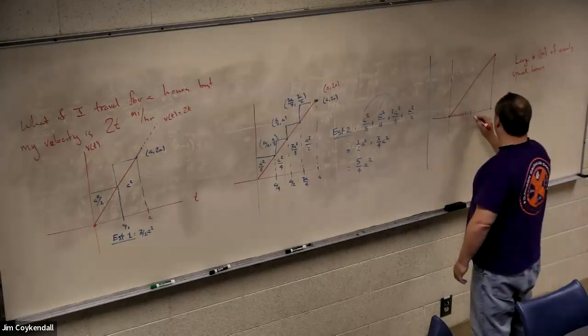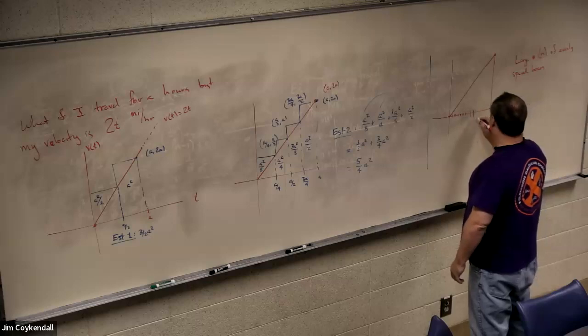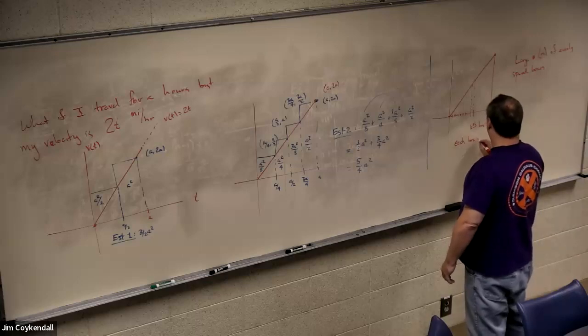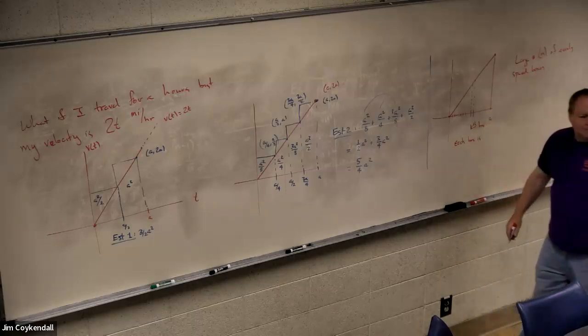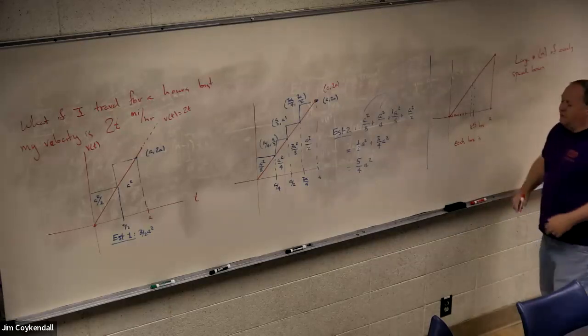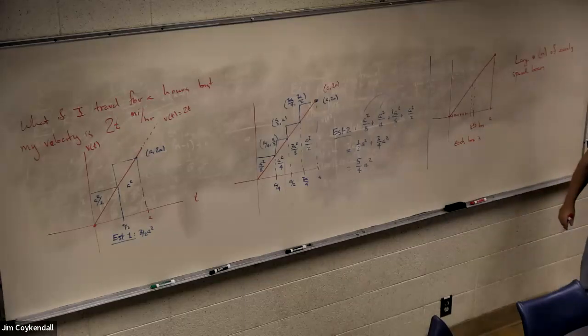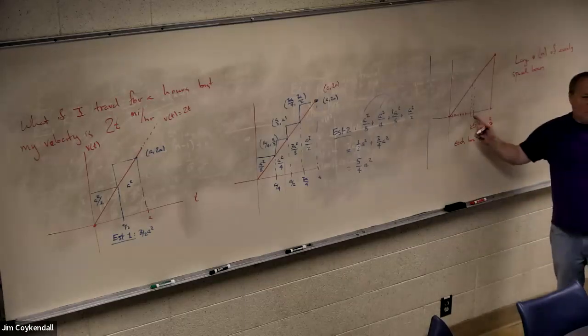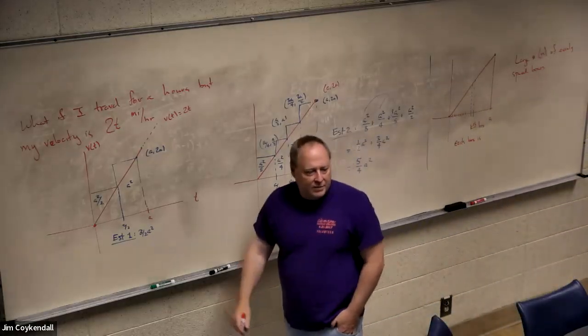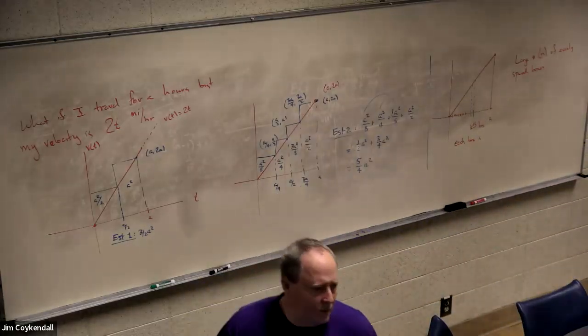So I'm going to call this the cake box. Each box is, how wide is each box? If I break this up into n boxes that are evenly spaced, right? How wide is each rectangle? How wide is it?